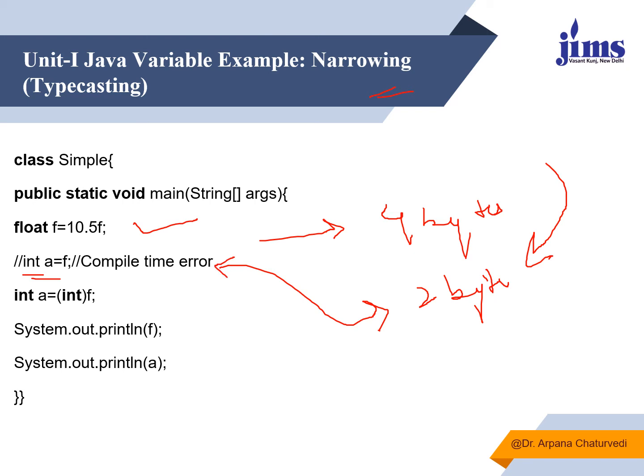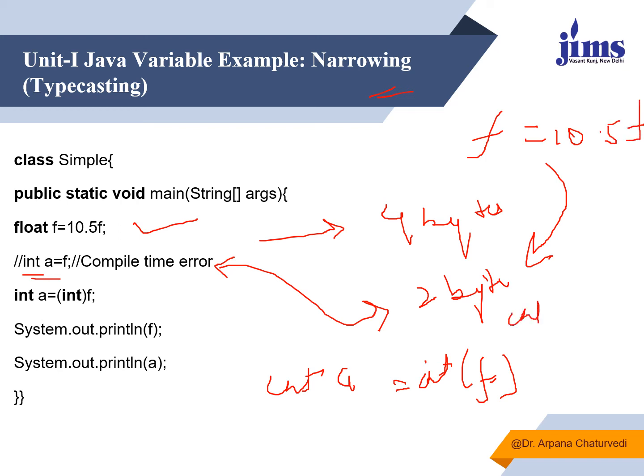How will I do it? I will first of all convert this float value into integer and pick its integer part and store it into a. So let's say f is having value as 10.5f, and int a is going to store the typecasted value, that is int of 10.5.